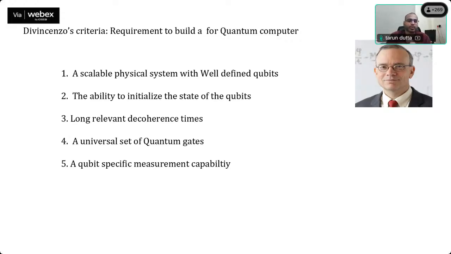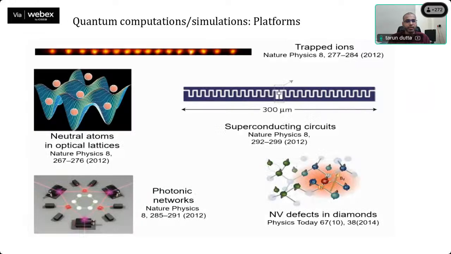We cannot move it, so it is very challenging. That is why you have to develop your measurement system such that your signal to noise ratio is enough to differentiate between the higher state and the lower state. So these are the 5 basic criteria or requirements to build a quantum computer. Now there are many candidates, as I was telling you in the beginning.